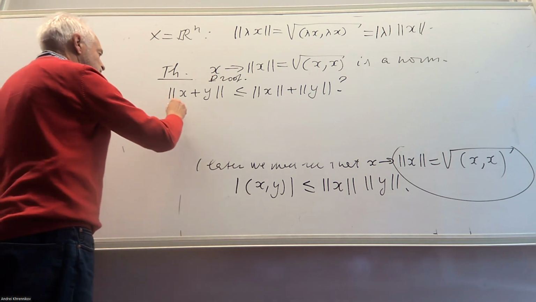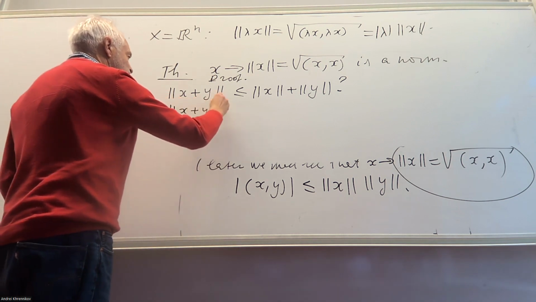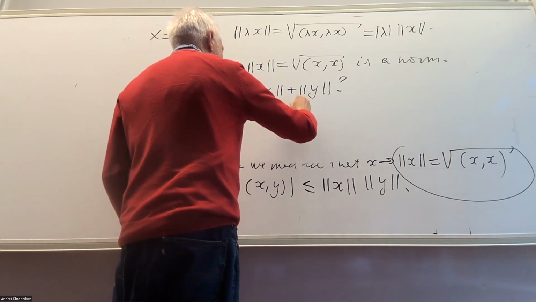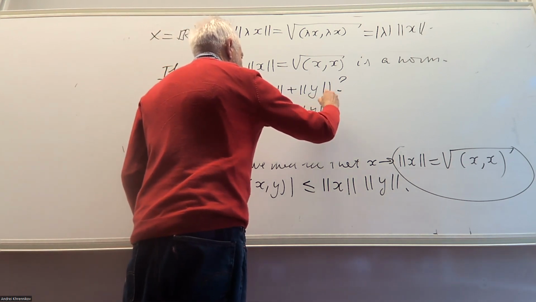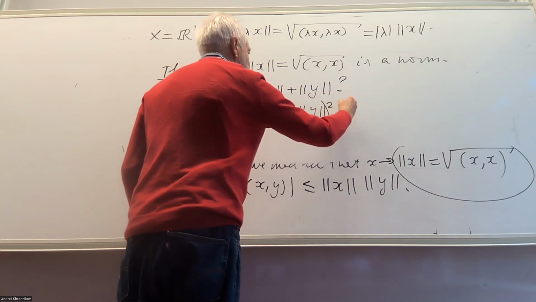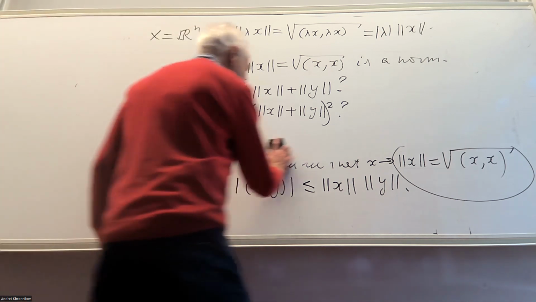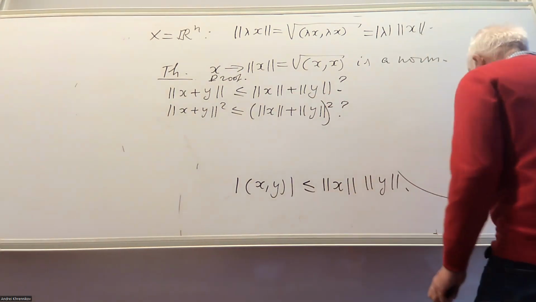So we want to show that the square of this norm, which is defined as a scalar product, is majorated by this. Now, how do we do this? We have this Cauchy-Schwarz inequality.